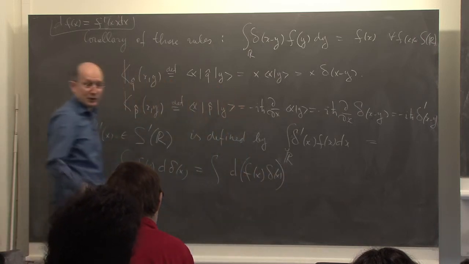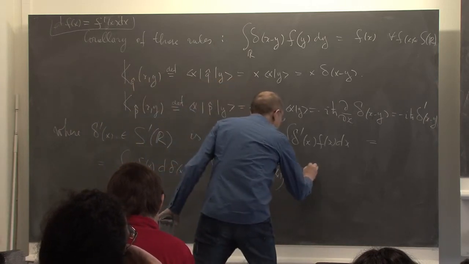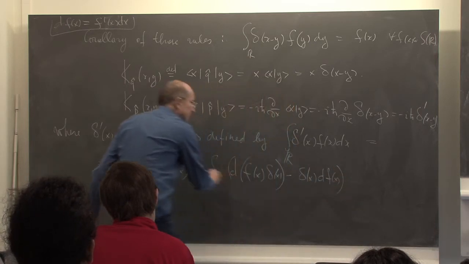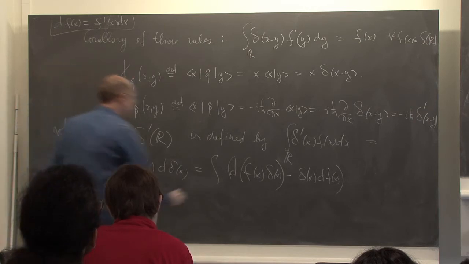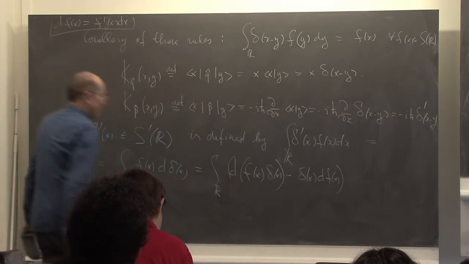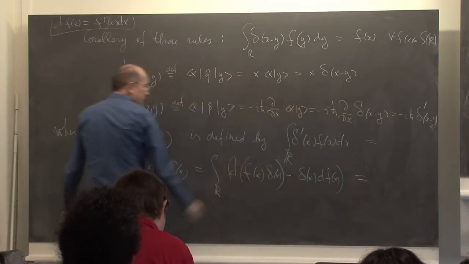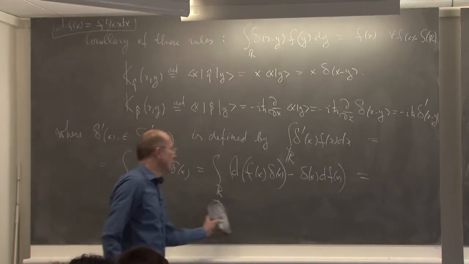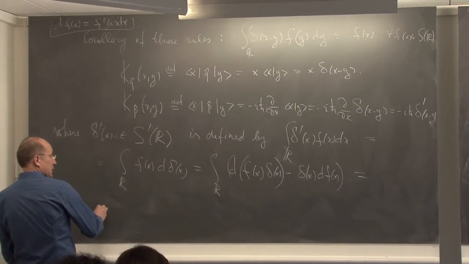We put the differential outside, then we correct it by subtracting delta of x d f of x. Right? Here nothing is changed, just the Leibniz rule. But now we can integrate the first one using the fundamental formula for integrals.